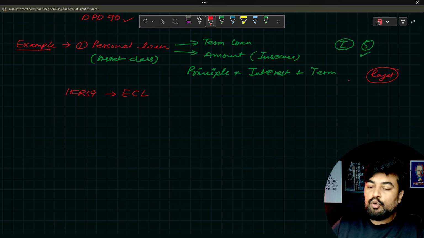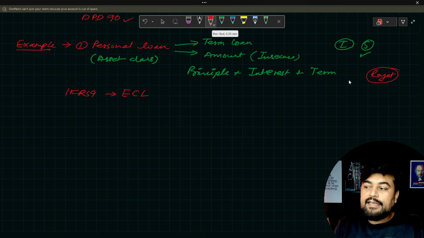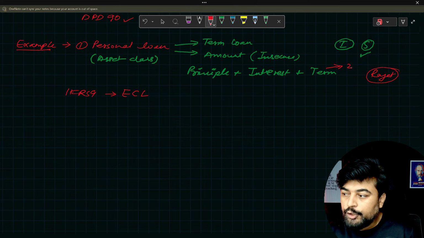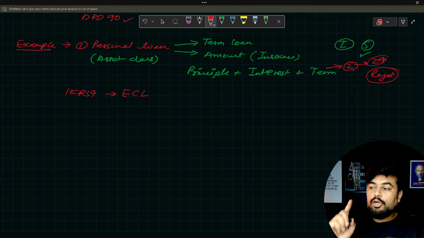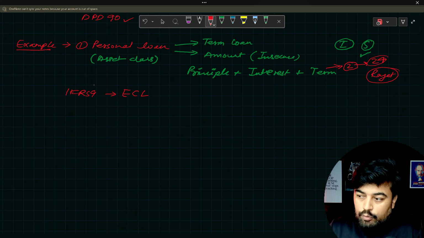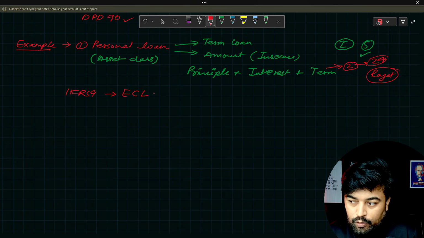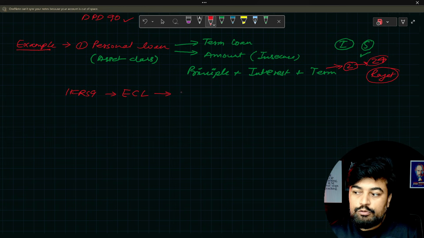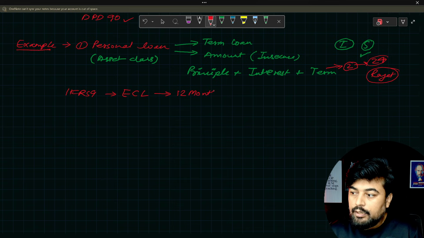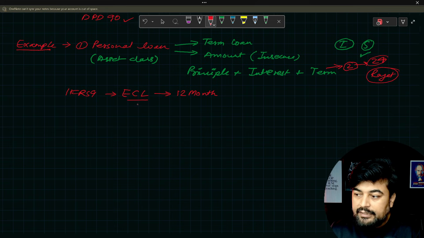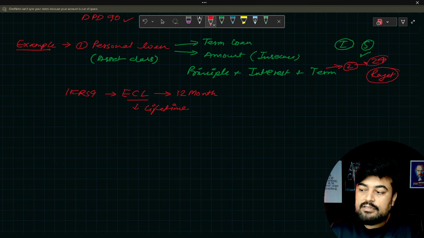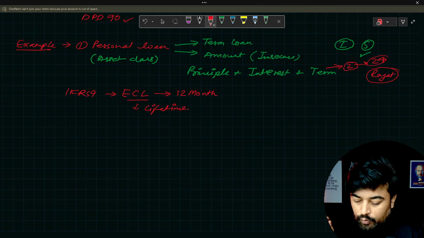The term of the loan was 2 years, which is equal to 24 months. If Rajat could not pay the loan at any point of time, the bank needs to calculate the expected credit loss here. Now IFRS 9 tells you to calculate primarily for two stages: one is the expected credit loss for 12 months, then the expected credit loss for lifetime. That is, how much loss Rajat can give to the bank.